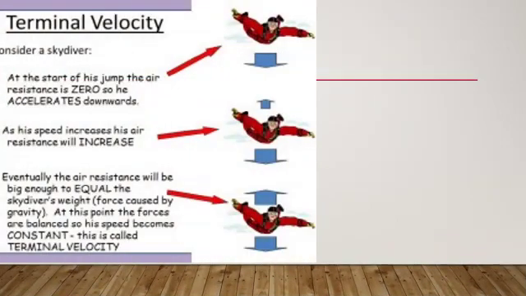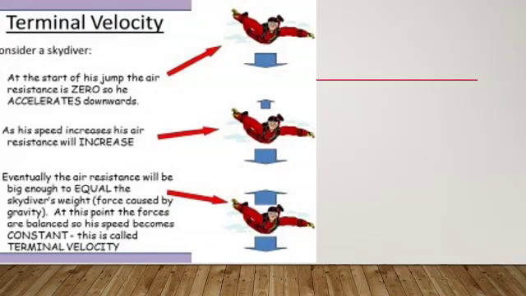Let us proceed our discussion with terminal velocity. Consider a skydiver. At the start of his jump, the air resistance is 0, so he accelerates downwards. As his speed increases, his air resistance also increases.